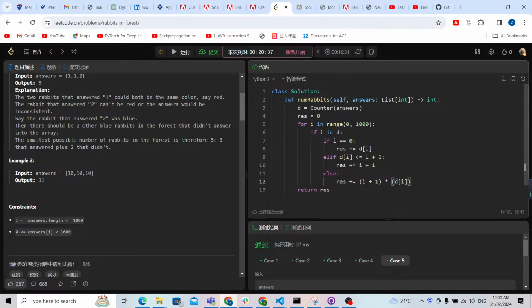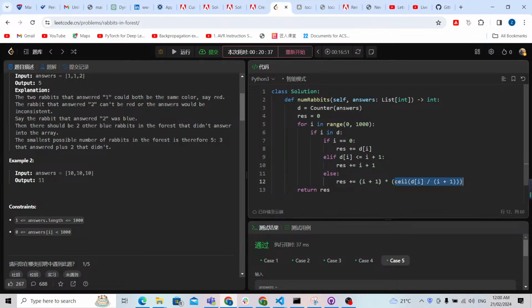Divided, I'm gonna use a ceil. So the ceil of di divided by i plus 1. For example, di can be 12, and divided by i plus 1, which is 11, it's gonna be 2 times 11.